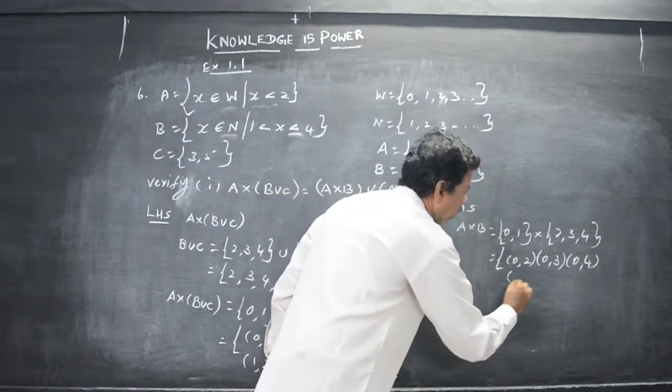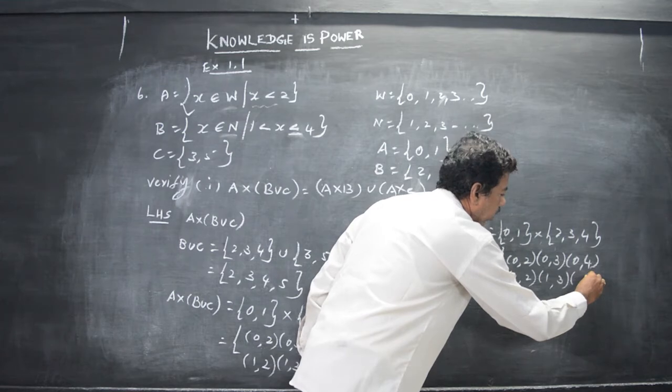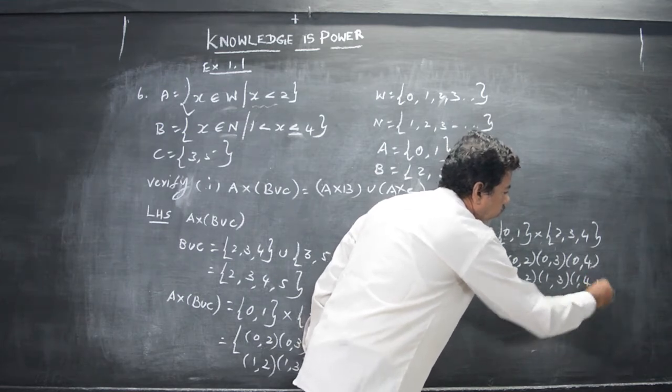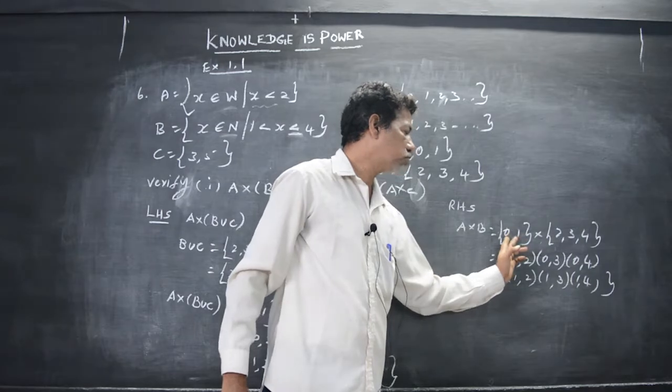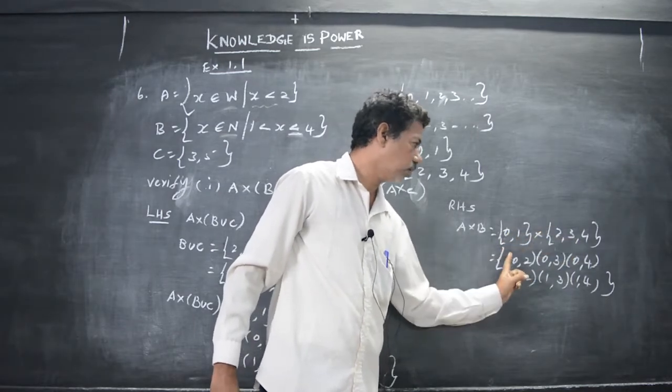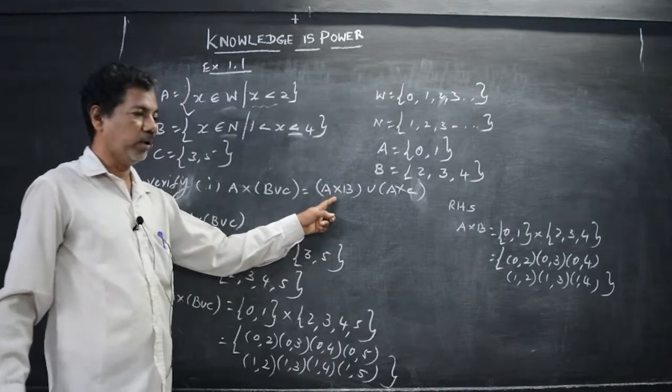As usual, second element 1, 2, 1, 3 and 1, 4. So these 6 elements will come. Why? Because 2 threes are 6. Here there are 2 elements, here there are 3 elements, 2 threes are 6. 1, 2, 3, 4, 5, 6. Now one half of them will be proved.